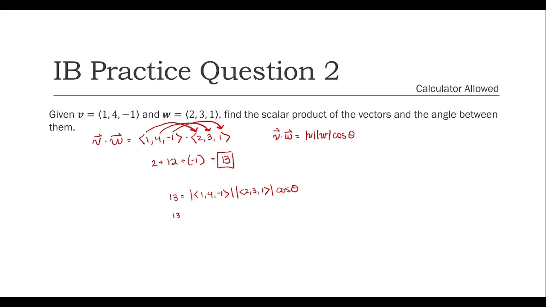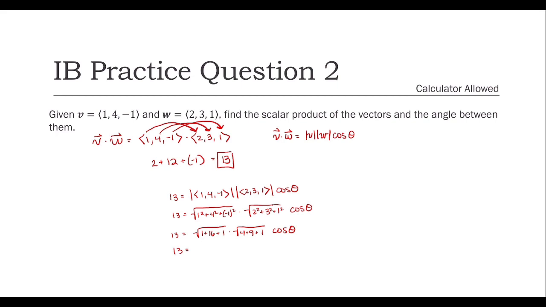So 13 equals the square root of 1 squared, which is 1, plus 4 squared, which is 16, plus -1 squared, which is 1, times the square root of 2 squared, which is 4, plus 3 squared, which is 9, plus 1 squared, which is 1, times the cosine of theta.